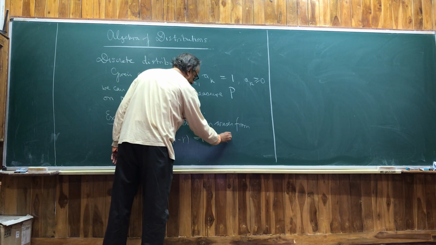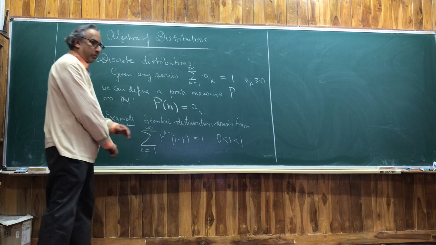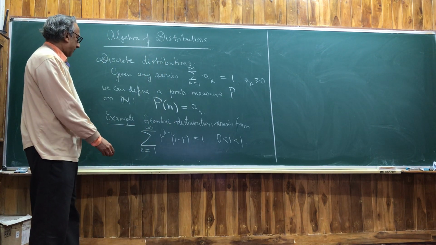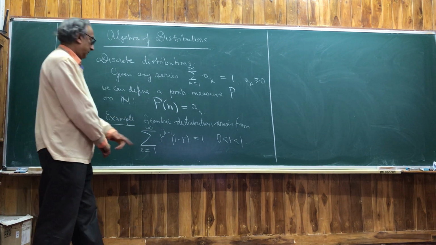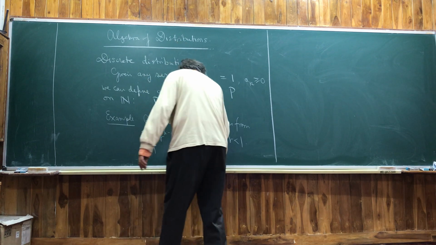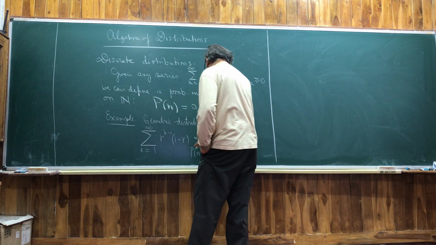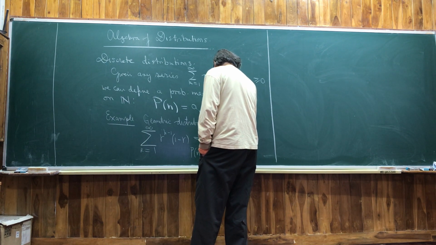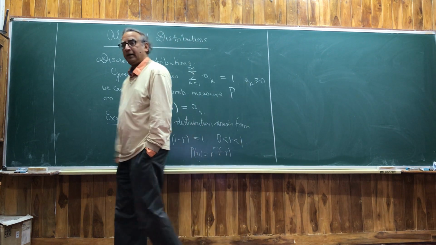This is 0 less than r less than 1. Fix the r. So the probability of a natural number n is just r to the n minus 1, times 1 minus r. As you can see, this is perfectly fine.